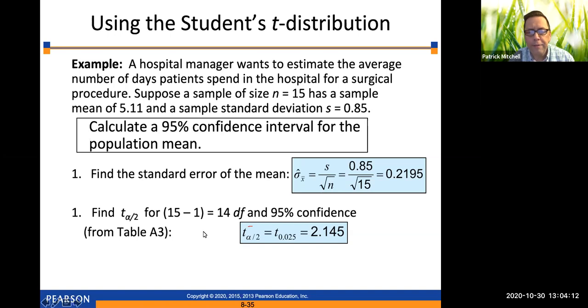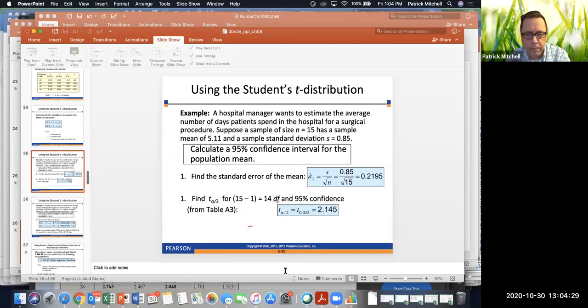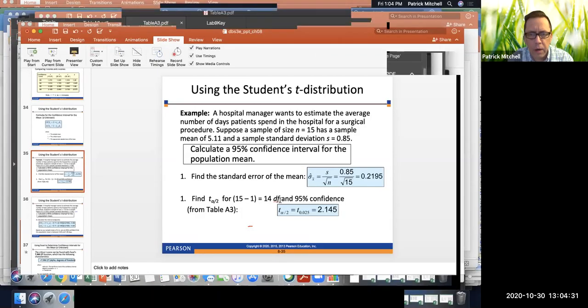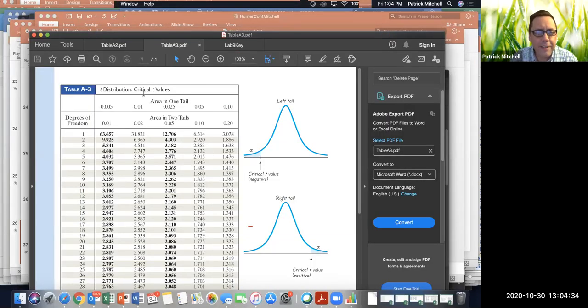So let me show you how to find this number in table A3. And if you're taking my class, I've got table A3 posted in the module with this assignment. All right, so going down to 14 degrees of freedom, we're doing a 95% confidence interval, which means the area in two tails is 0.05.